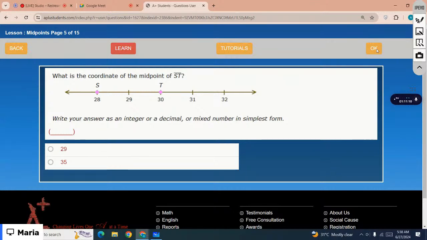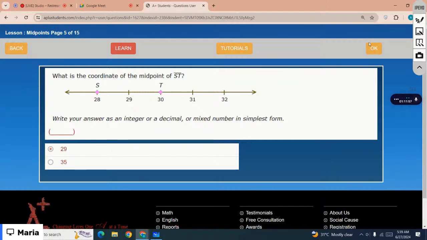What is the coordinate of the midpoint of ST, which is the correct option? That is 29.